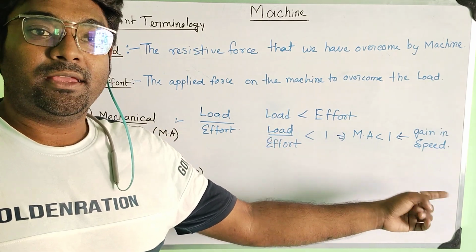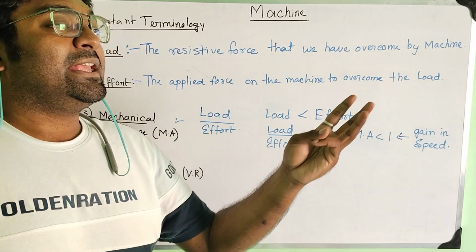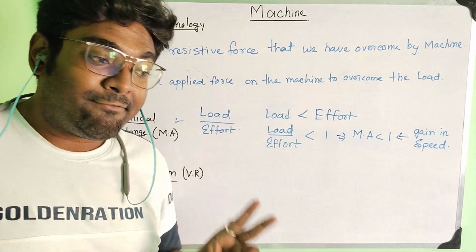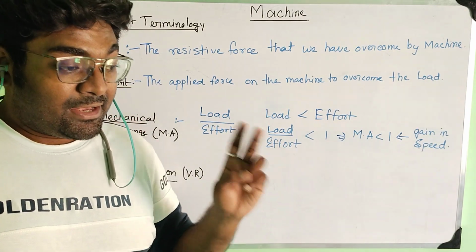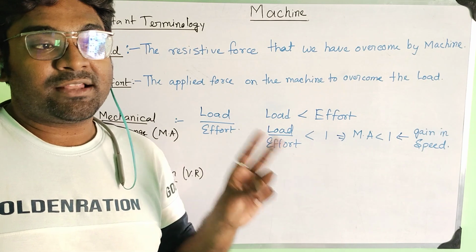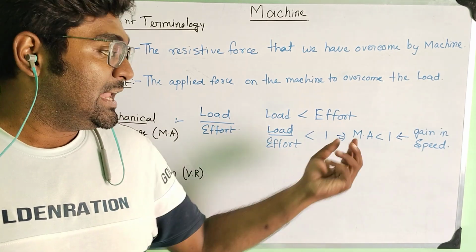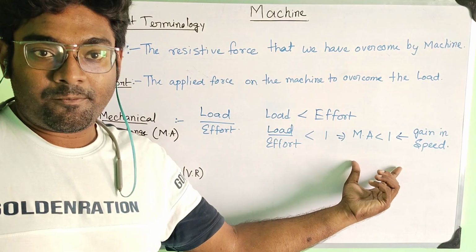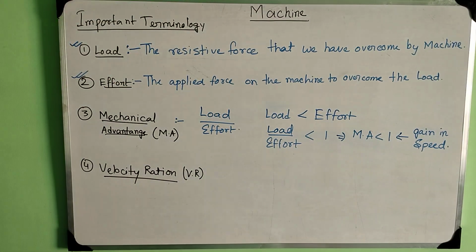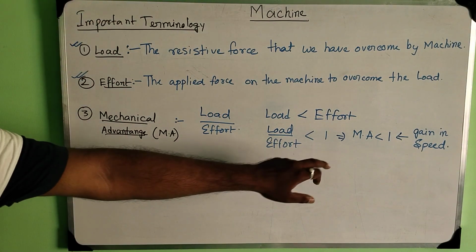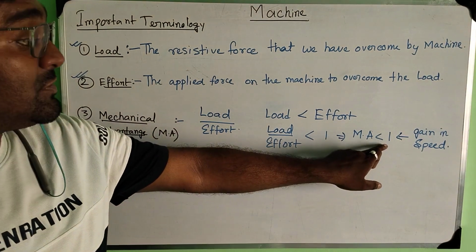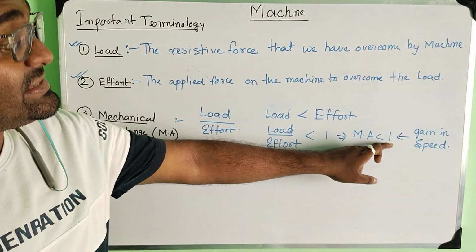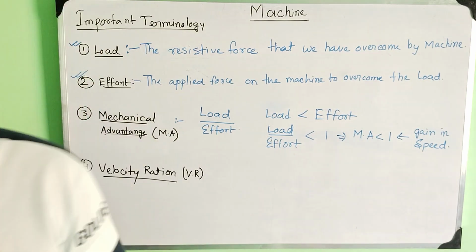Very important thing. Like scissor and knife, we can cut pages or cloth very fast with the help of those machines. But with those machines we have to give more effort than the load. So this is the significance of mechanical advantage less than 1: the machines help in gaining speed.